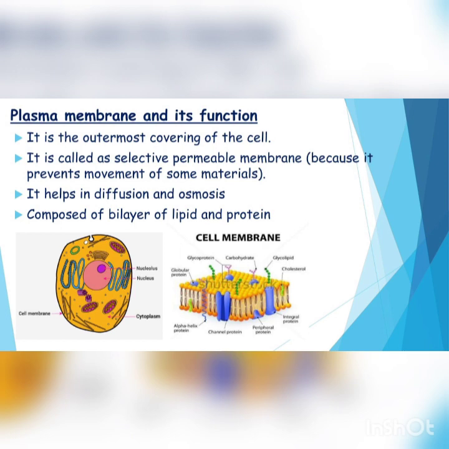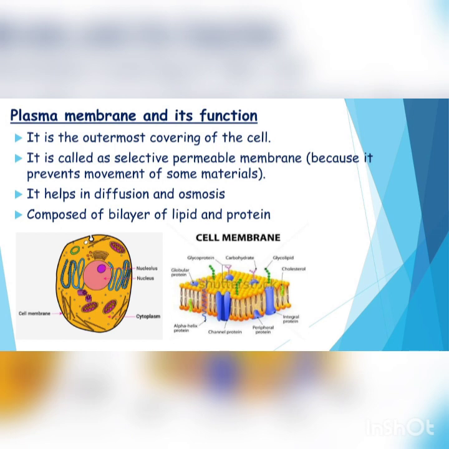Plasma membrane allows the entry and exit of some selective materials in and out of the cell. It helps to maintain the shape of the cell. It acts as a mechanical barrier and protects the internal content of the cell from leaking out.